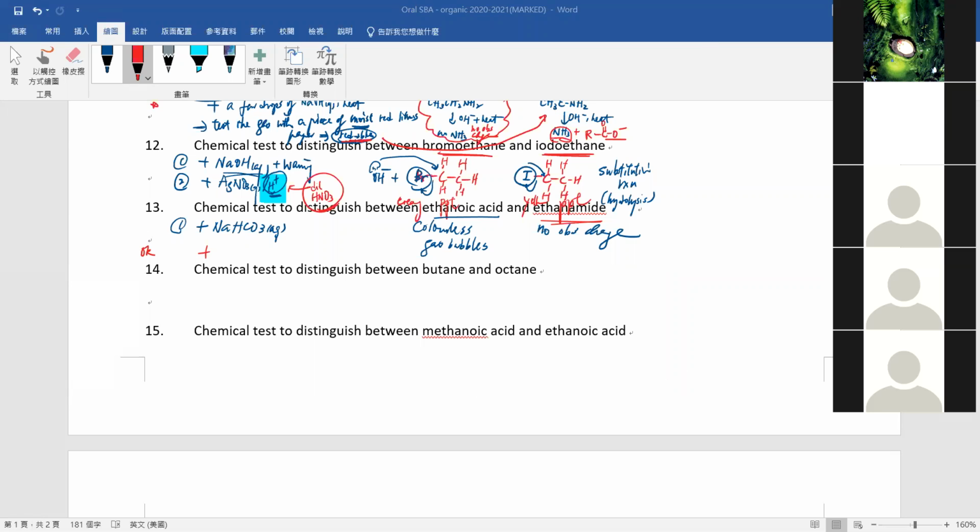Add HCl, so what will happen? Somebody would love to use hydroxide. So what happened? Amide will undergo hydrolysis. So any observable change?